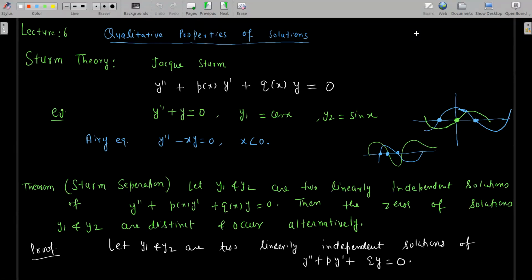So let us assume that we have two zeros of one solution, say y1, and we prove the result by contradiction.